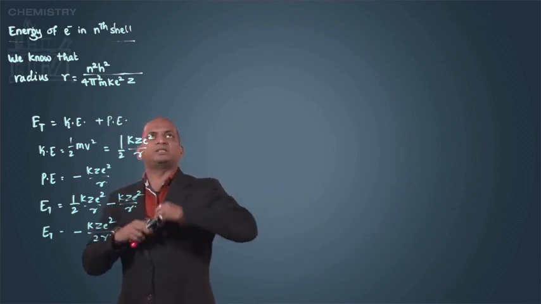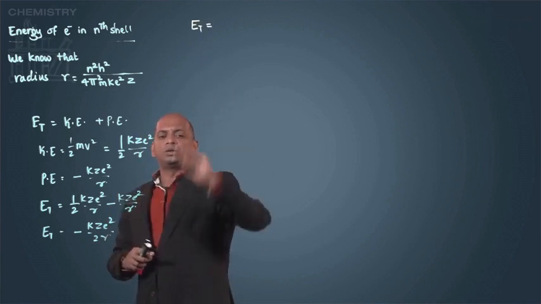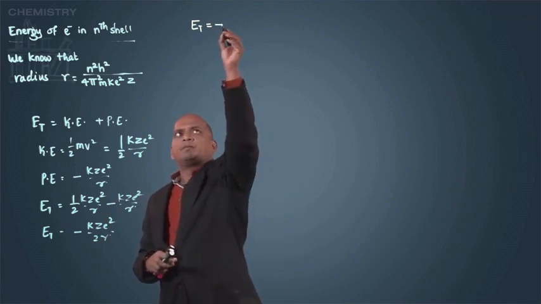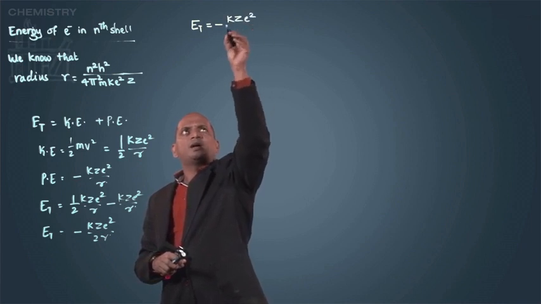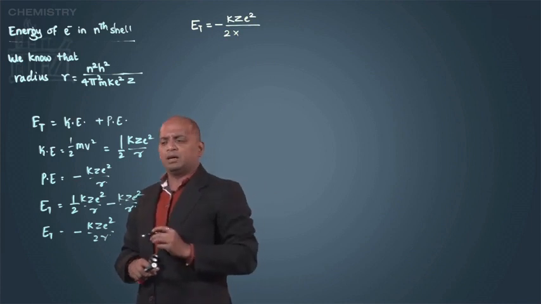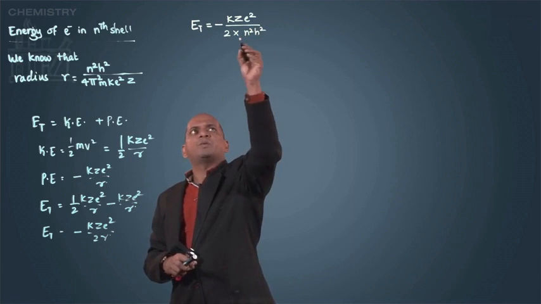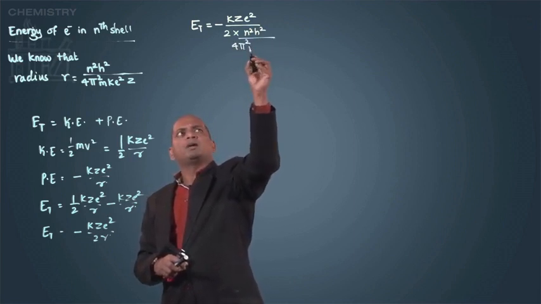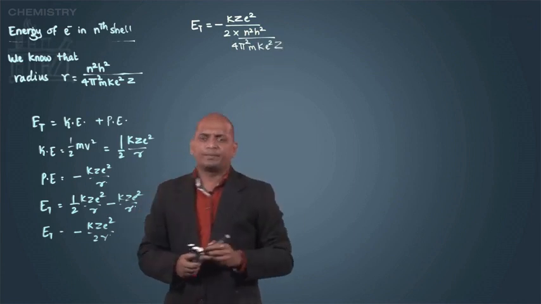So total energy is equal to minus k z e square upon 2 multiplied by the value of r, n square h square upon 4 pi square m k e square into z.